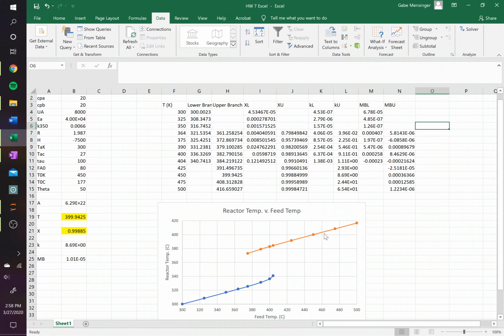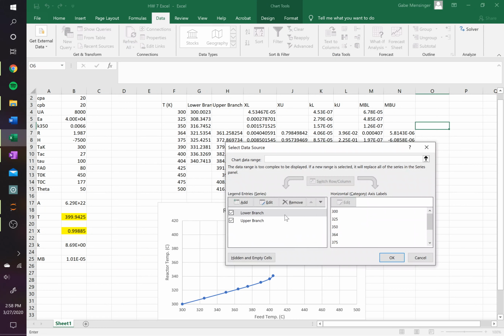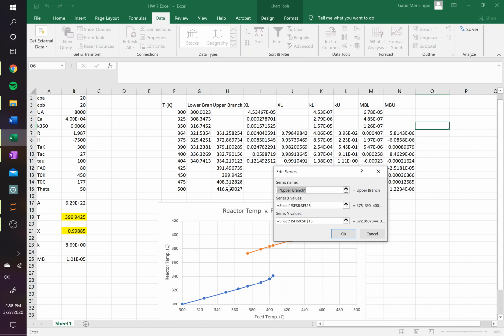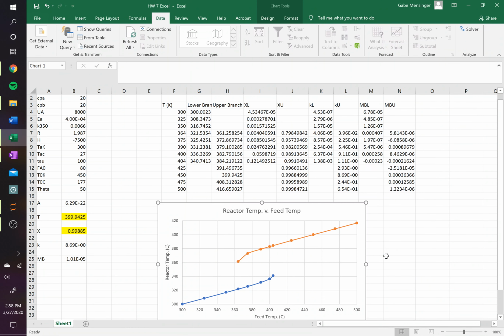And then if I go and edit this a little bit, upper branch, edit. So there.